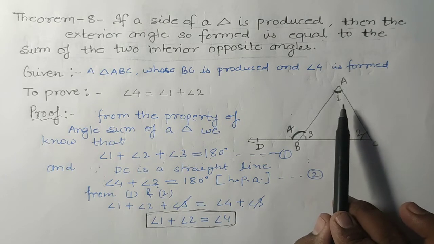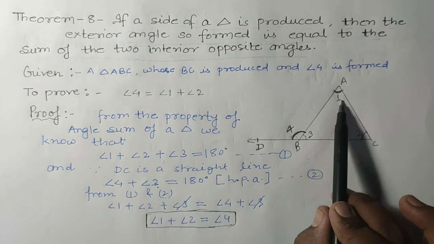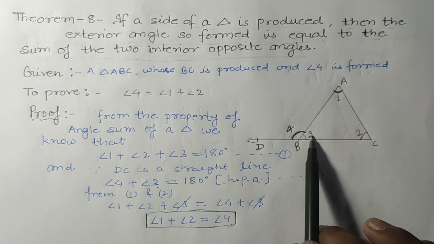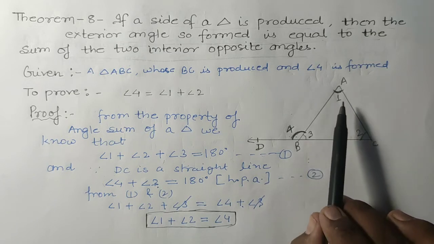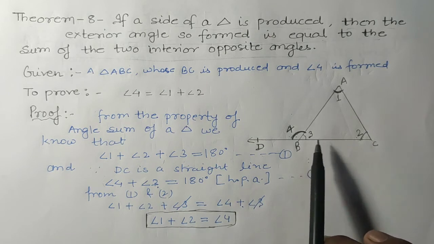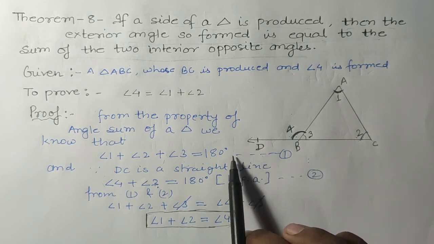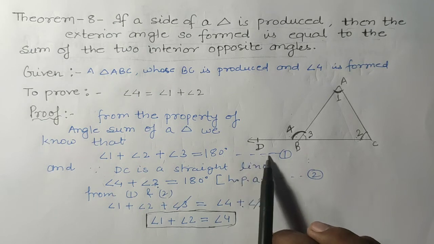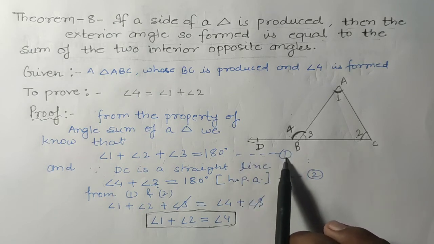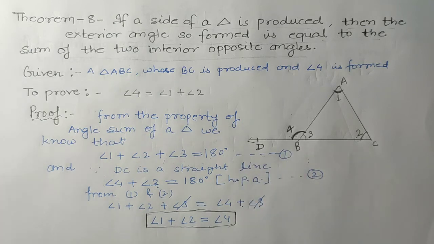So what we have done in the proof part: from the angle sum property of a triangle we know that angle 1 plus angle 2 plus angle 3 is 180 degrees, that we have written here, and we have taken that as equation 1.